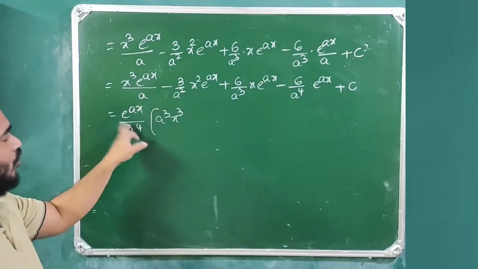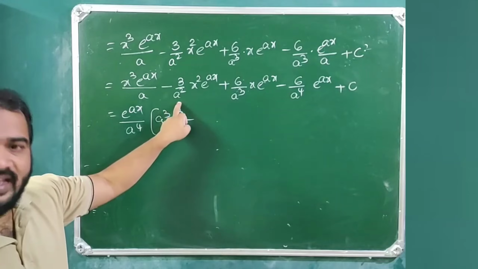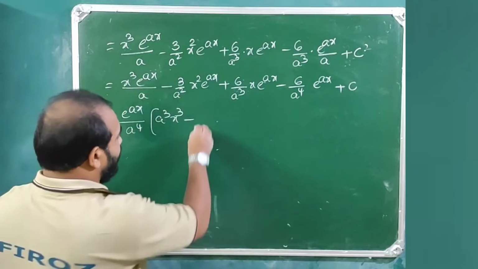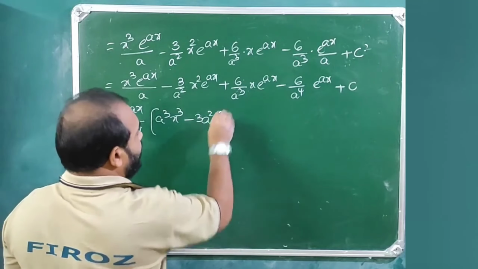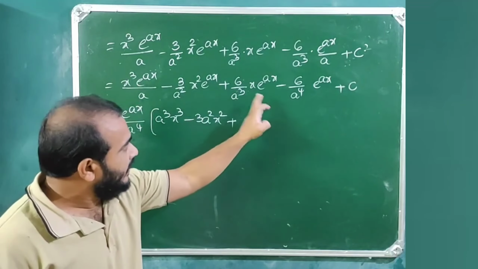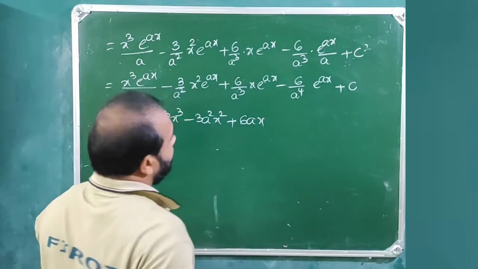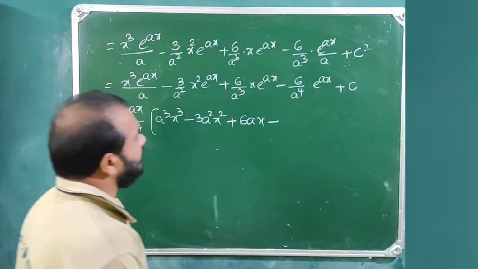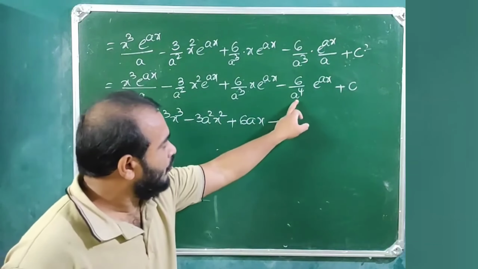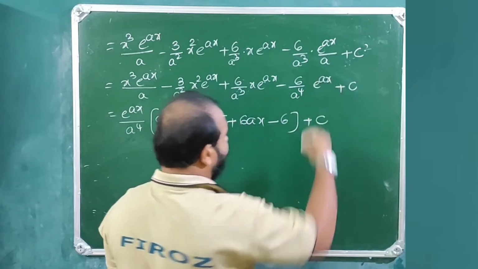Since e power ax is already taken common, minus a power 4 by a square is a square, so a square into 3x square. So 3a square x square plus a power 4 by a cube is a into 6 into x, 6ax minus. So a power 4 by a power 4 gets cancelled. So 6 plus constant of integration c.